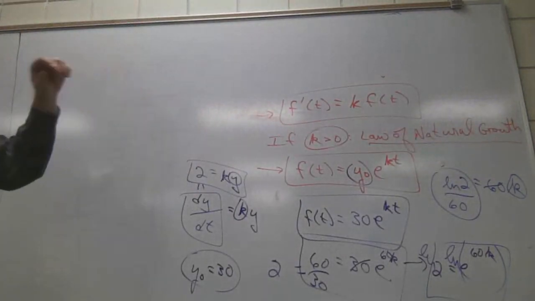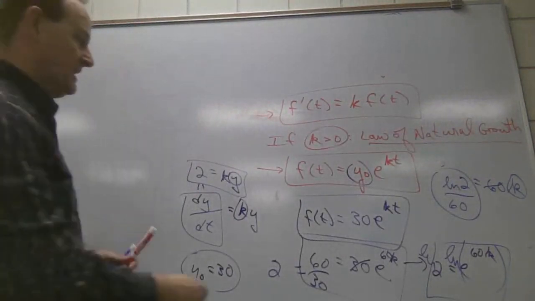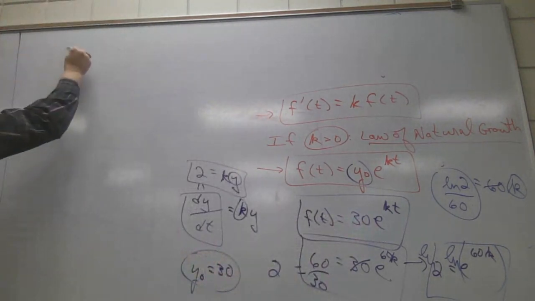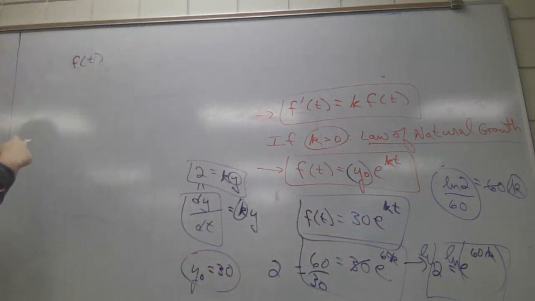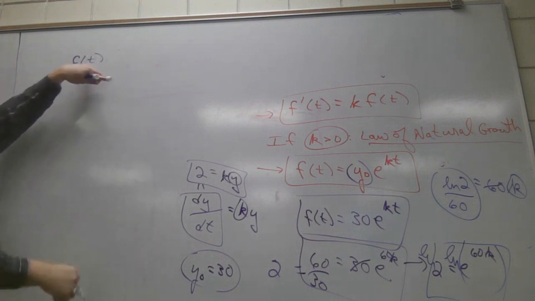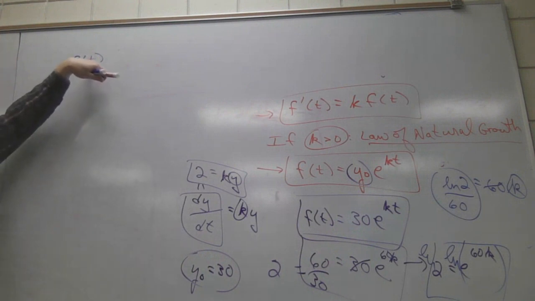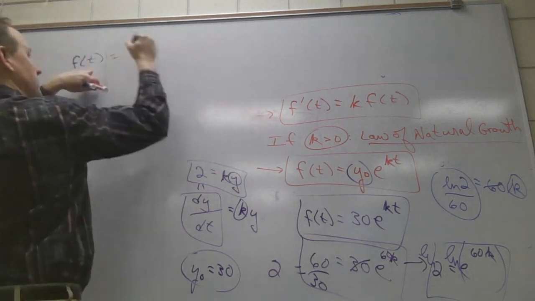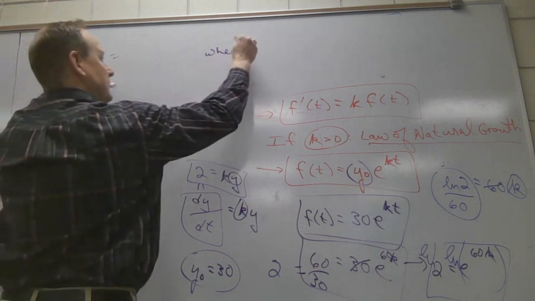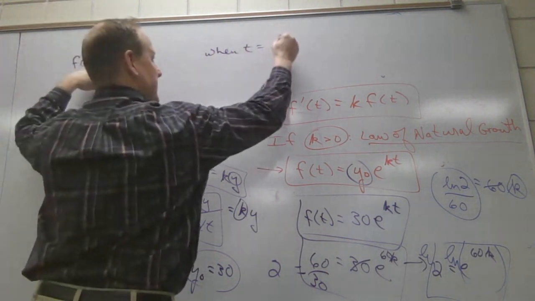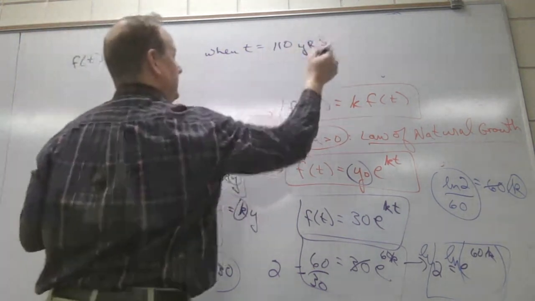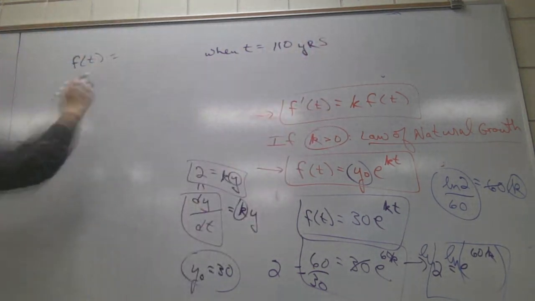So what's my function? f of t equals 30 e to the kt, right? We're going to estimate this for 2010, which is 110 years after 1900. So we want to find f of t when t equals 110, so we'll plug it in.